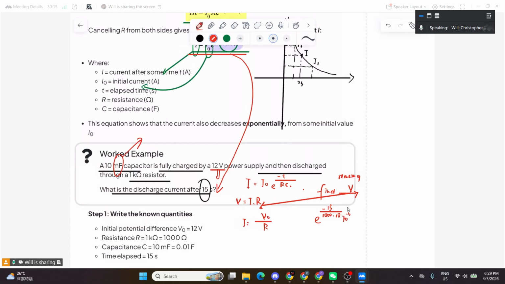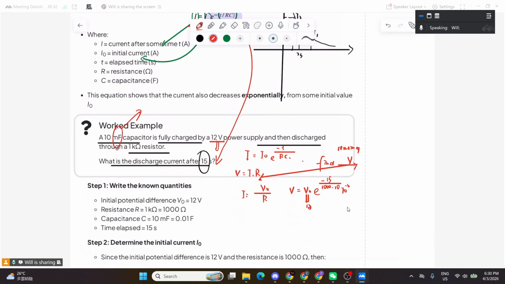And we can use the other formula for the potential. We want to find the remaining potential, so we use this one. The initial potential is 12. We put the variables into the equation and find the remaining potential.